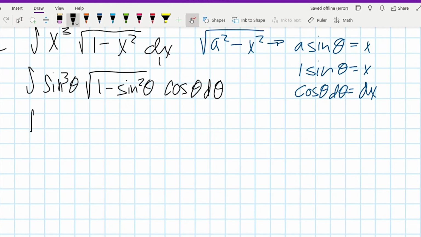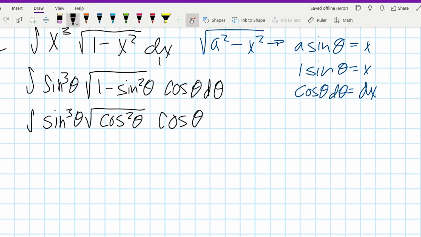So we can rewrite this as the integral of sine cubed theta times, and we know that 1 minus sine squared, due to our Pythagorean identities, becomes cosine squared. So this will become cosine squared theta times cosine theta d theta.